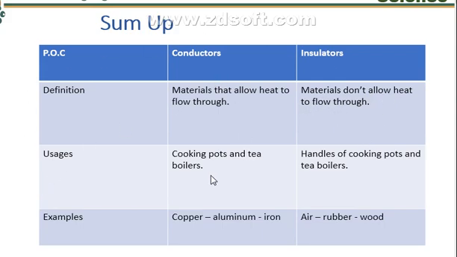Usage: conductors, the cooking pots and tea boilers. Insulators, the handles of cooking pots and tea boilers. Examples of conductors: copper conducts heat more than aluminum, and aluminum conducts heat more than iron. Insulators like air, rubber, and wood.